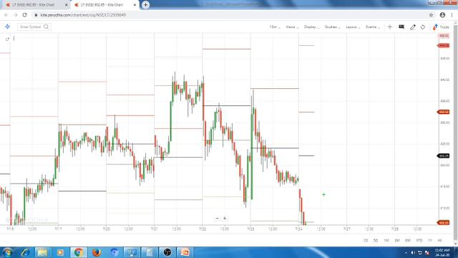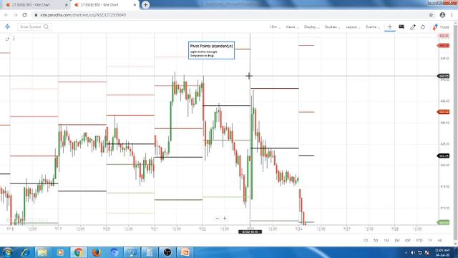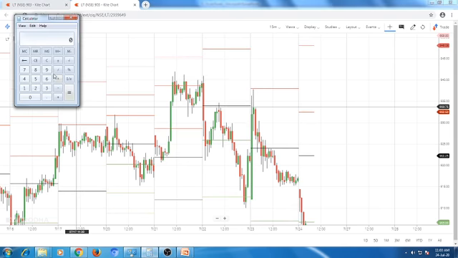Now for the formula for calculating the pivot point: if you want to calculate the pivot point for this particular day, you have to see the high, low and close of the previous day. So say the previous day high is around 941, I'm rounding it up.